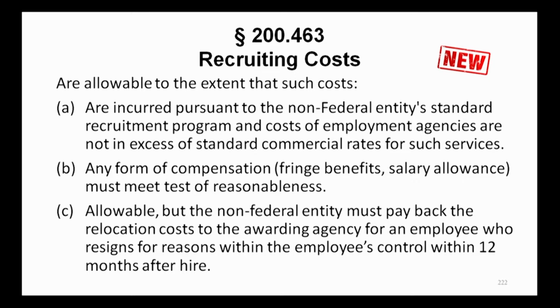So cost of employment agencies that do not exceed standard commercial rates. Any form of compensation, fringe benefits, salary allowance must meet the test of reasonableness, of course. Allowable, but the non-federal entity must pay back the relocation costs to the awarding agency for an employee who resigns for reasons within the employee's control within 12 months after hire.